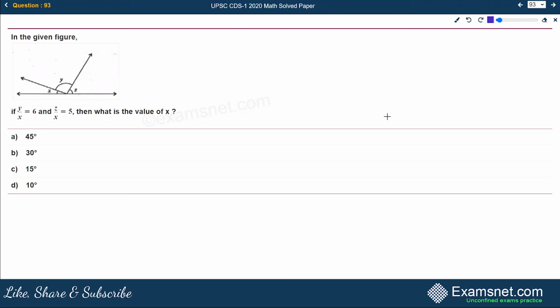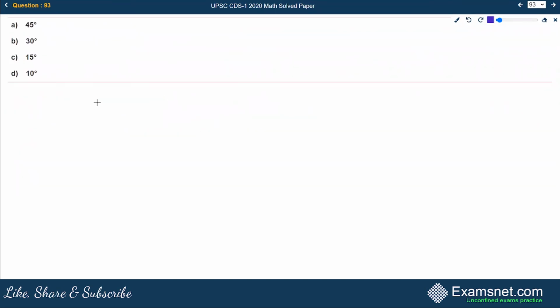In question number 93, we are given another figure. If y by x equals 6 and z by x equals 5, then what is the value of x? Here we can see this x, y, z, these are linear pairs, because if we add them, we'll get a straight angle. From the given details, y by x equals 6, that means y equals 6x. Also, z by x equals 5 means z equals 5x.